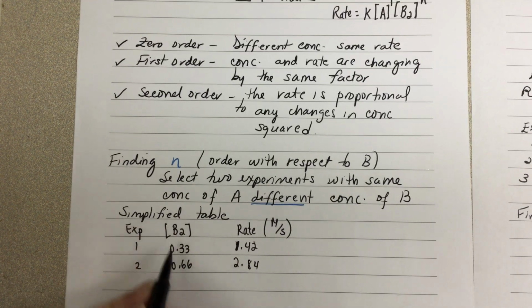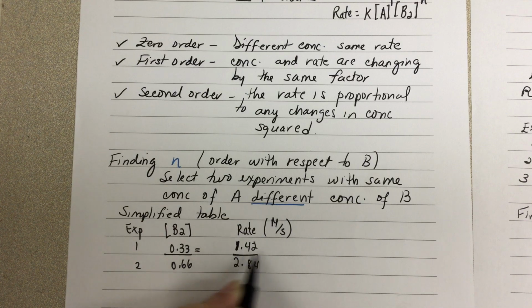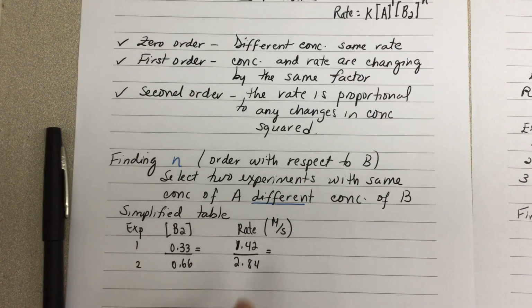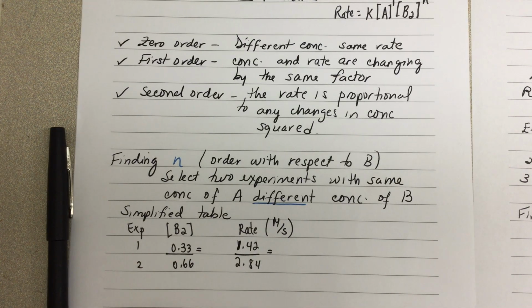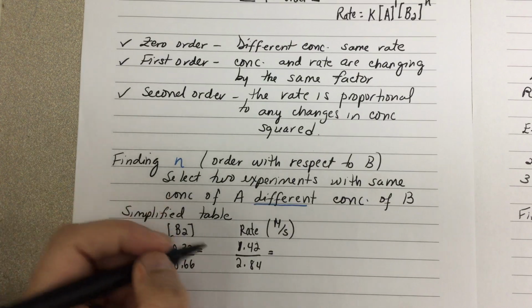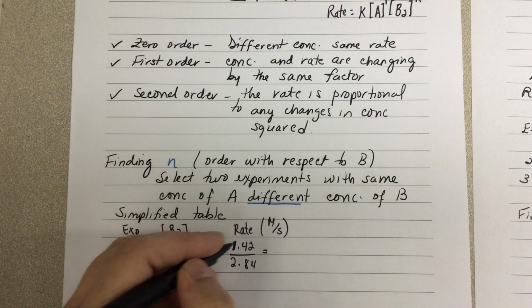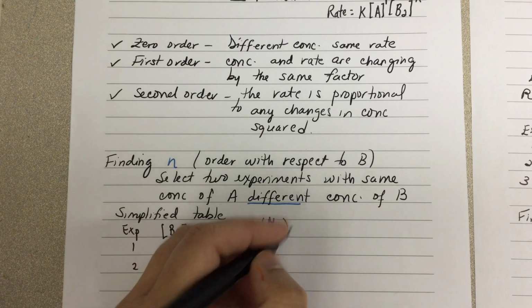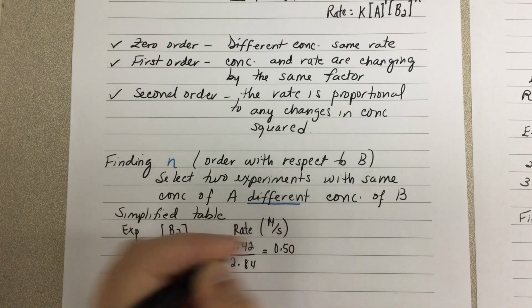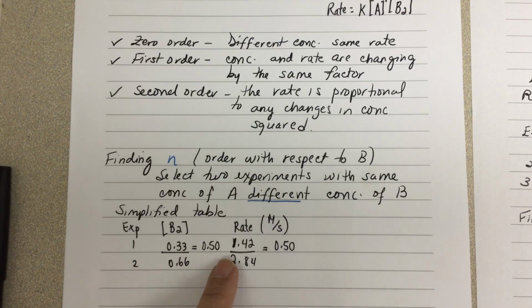So you have your simplified table, and the next step is to calculate that ratio right there. 0.33 divided by 0.66 is going to give you 0.50. And if you want, you can do this one too, but that's also going to give you 0.50.